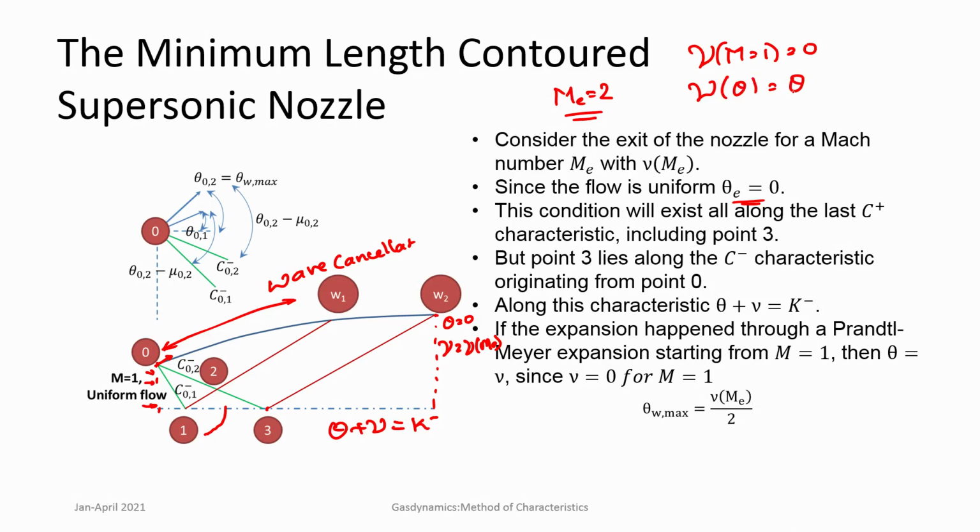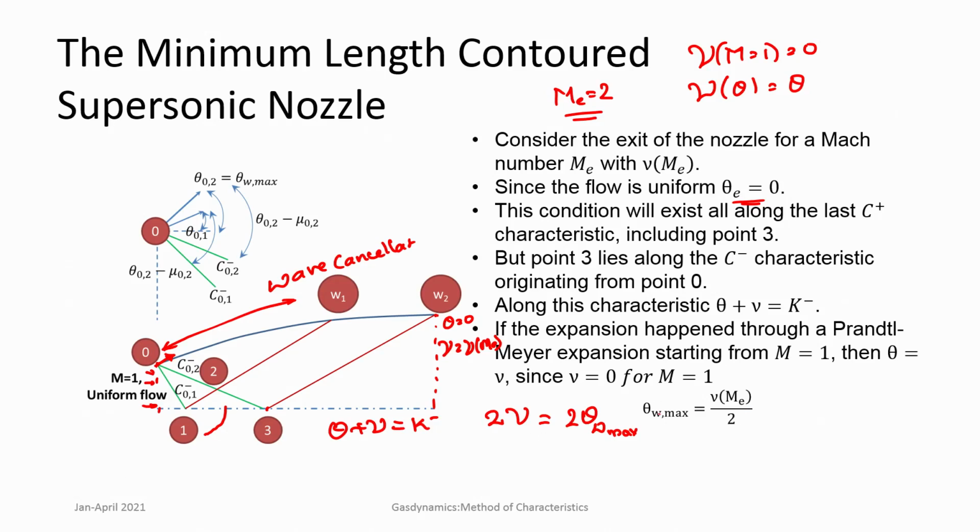Since it is turning from Mach number equal to 1, you apply the Prandtl-Meyer equations. So, what we get is theta plus nu equal to 2 nu, or 2 theta wall, because nu and theta are equal at that point for the maximum wall turn.